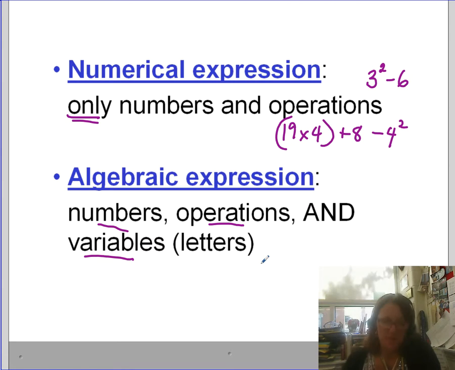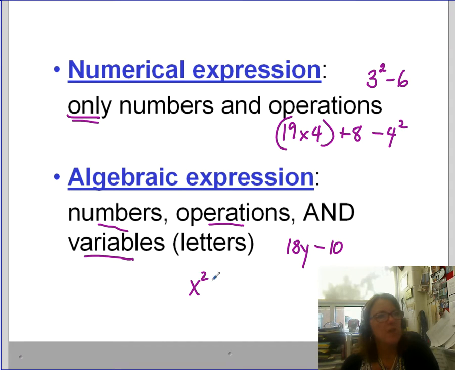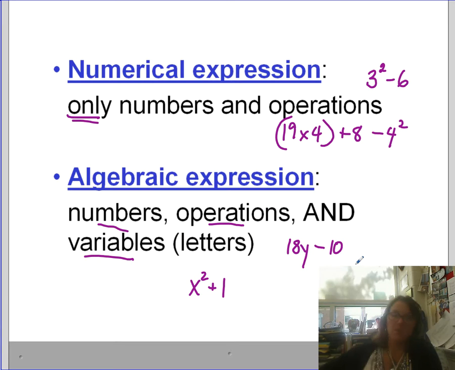So if we were going to think up an example here, let's pick like 18y minus 10, or x squared plus 1. Anything, as long as you see a variable in there along with the numbers and operations, that's what makes it algebraic. So you're going to hear me use this terminology a lot all the time, and that's what I'm talking about. Okay? All right, let's move on.